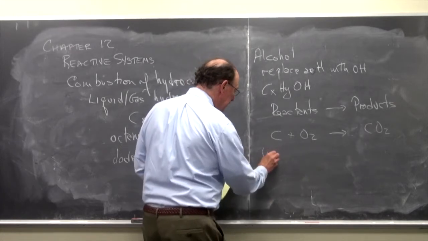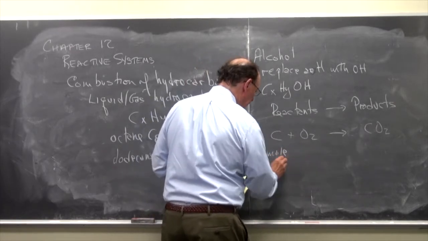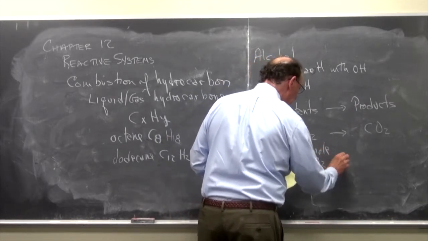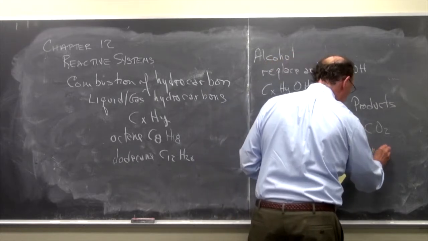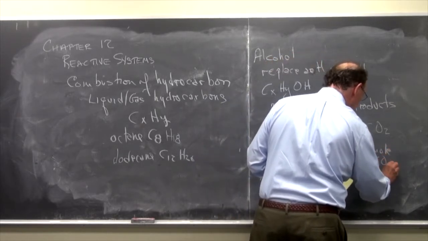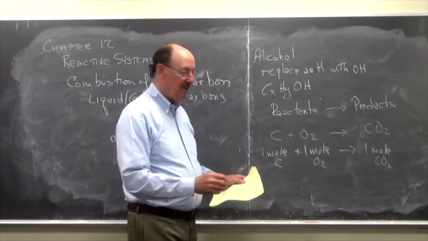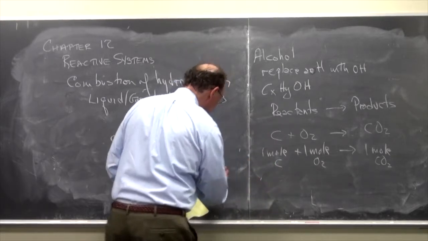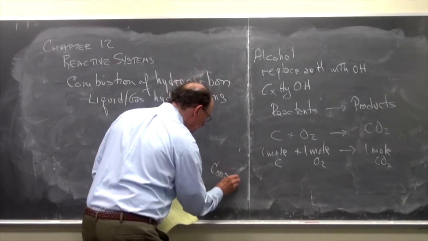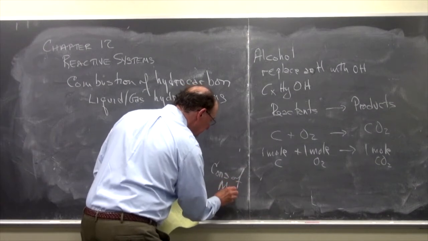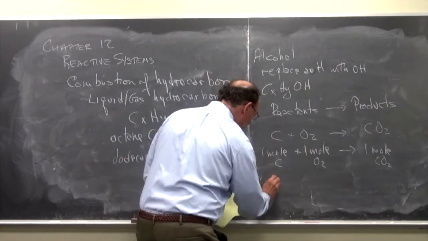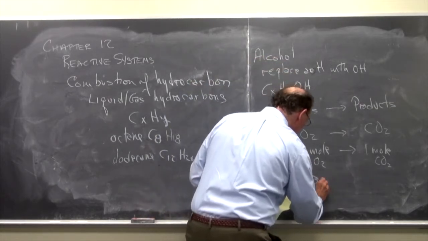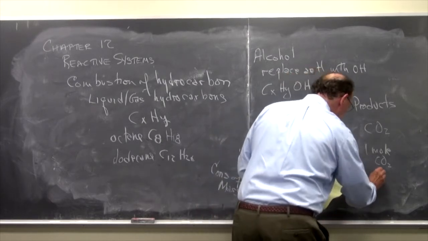So I have 1 mole of C plus 1 mole of O2 yields 1 mole of CO2. We don't have conservation of moles, but we do have conservation of mass. So we have 12 kilograms, I look at the molecular weight of this, plus 32 kilograms yields 44 kilograms.